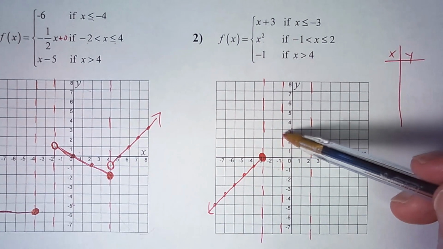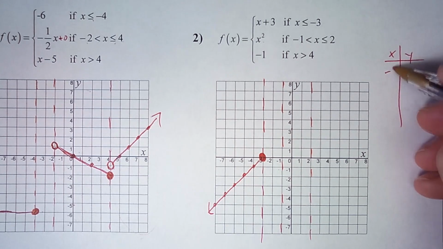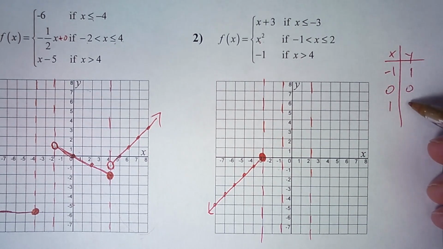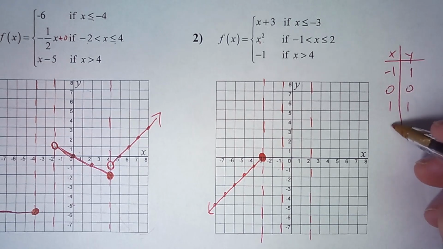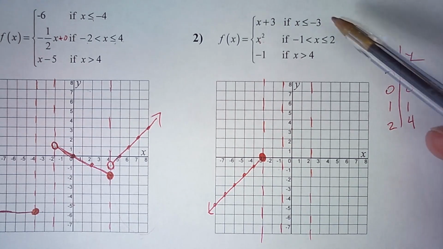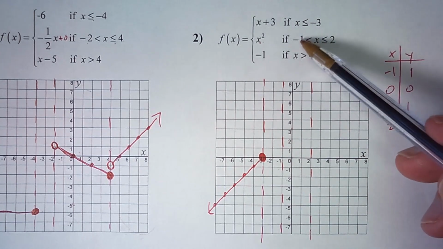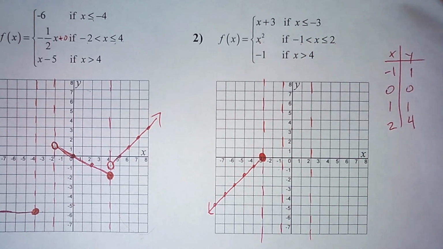Okay, so I'll start at -1. And if I do -1 squared, I get 1. 0 squared is 0. 1 squared is 1. 2 squared is 4. Okay, so I've got all the integer values for x from -1 up to 2.